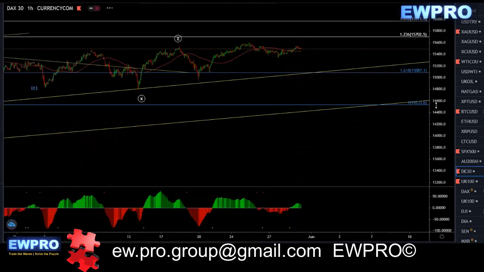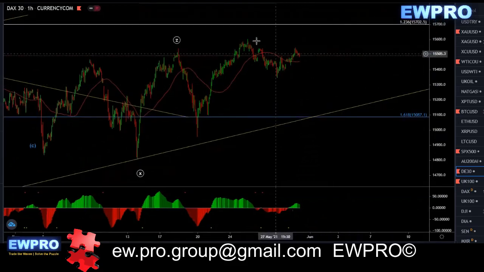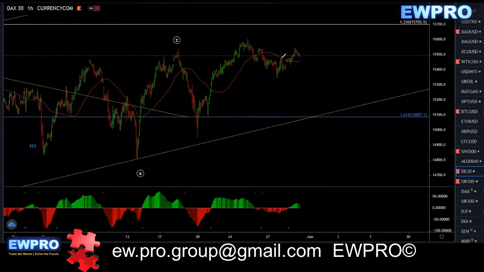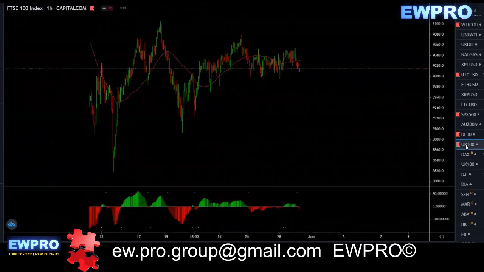If you're looking at the H1, you could look at this as an A, B. If you get a little flat in here, you could look for that A, B, C, go and break the top for the larger A, B, C. But if you're trading this, you obviously know what you're doing.